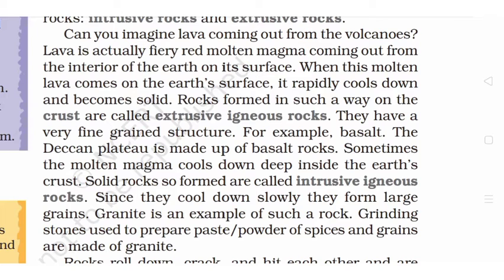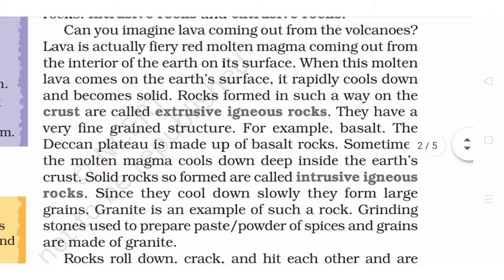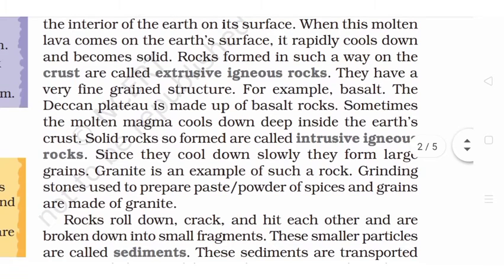They have a very fine grain structure, they do not have bad shapes. An example of extrusive igneous rock is basalt. The Deccan Plateau is made up of basalt rocks.